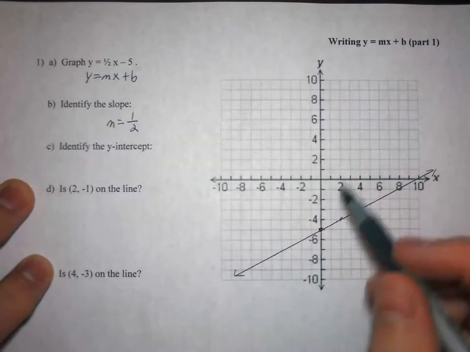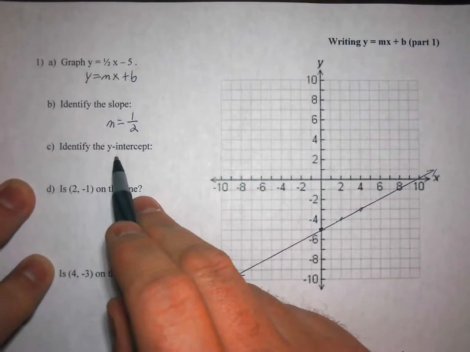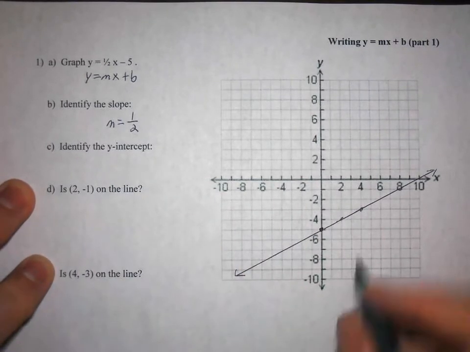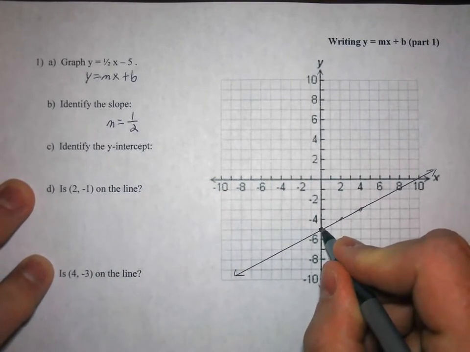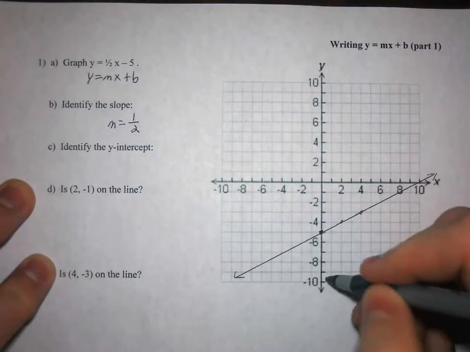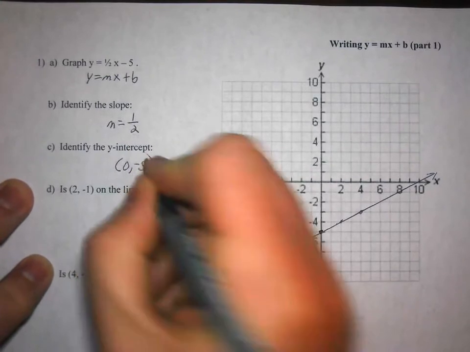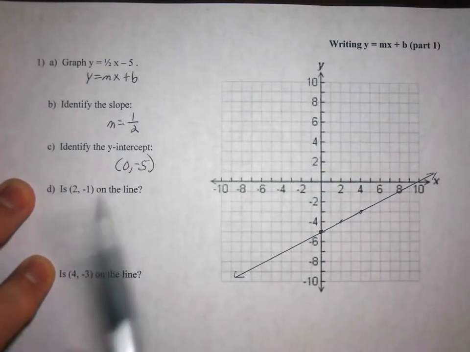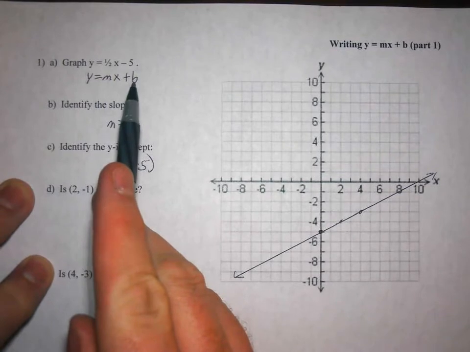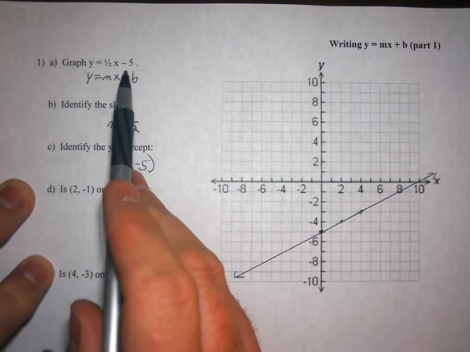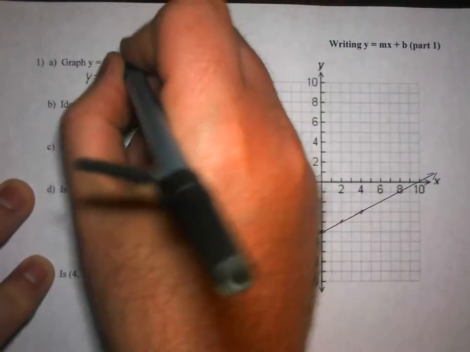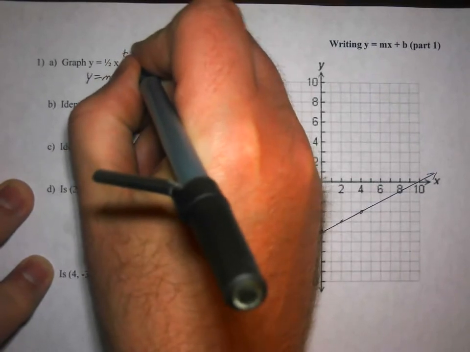Part C asks us to find the y-intercept. That's at 0, -5, because the y-intercept is the vertical intercept. And if you look at your equation, y equals mx plus b, notice that we have -5 there. Technically that's plus a -5.